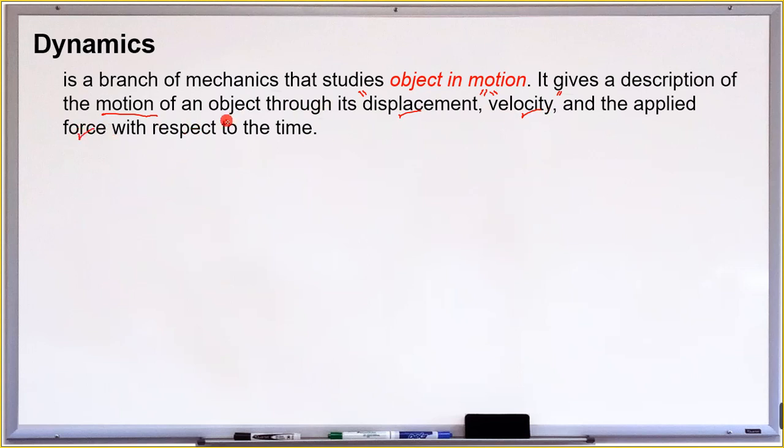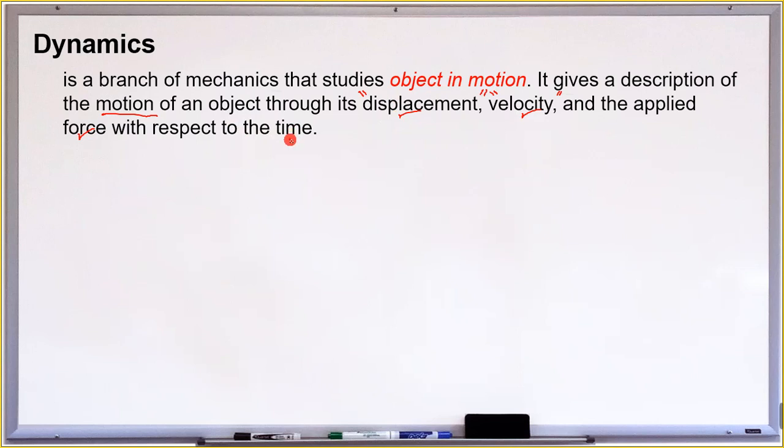With this, we can quantify the motion of an object, like where it is, how fast it is moving, and where it moves. And of course, these parameters are with respect to time. So time here is very important.